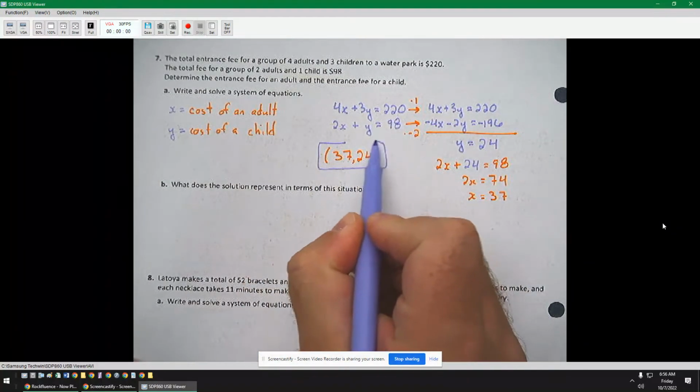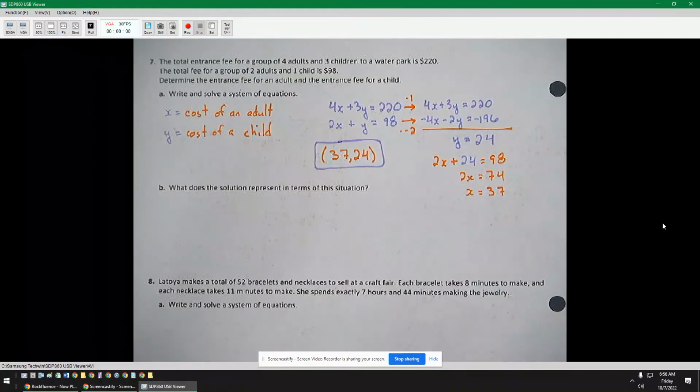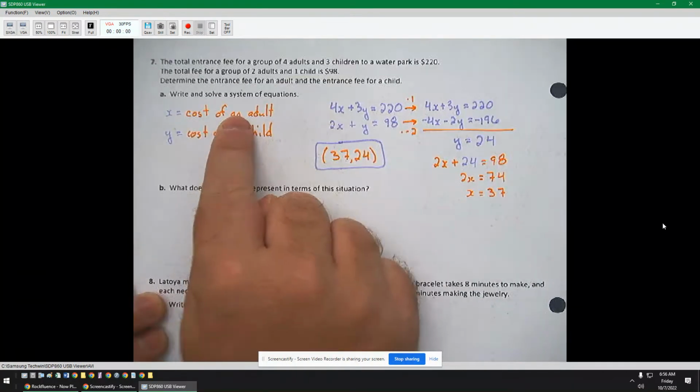And then in part B, it's not asking a ton. It just wants us to come up with, what does this mean? Since this is a story problem, writing the coordinate pair (37, 24) doesn't really make any sense. So let's answer it in terms of the situation. Remember, x is the cost of an adult.